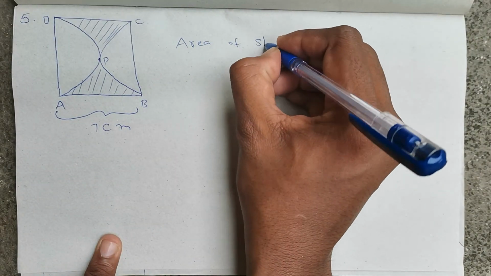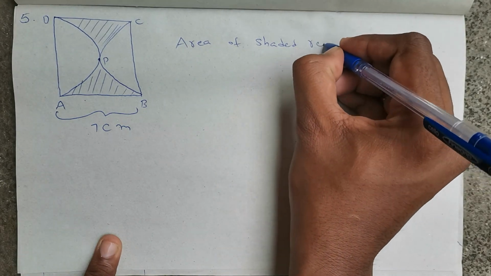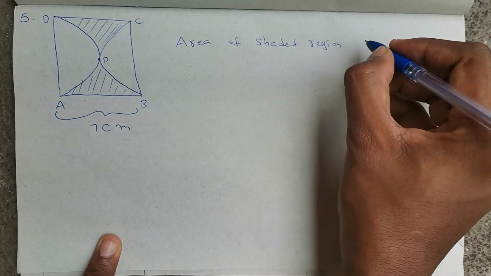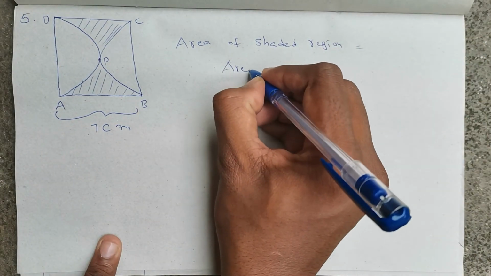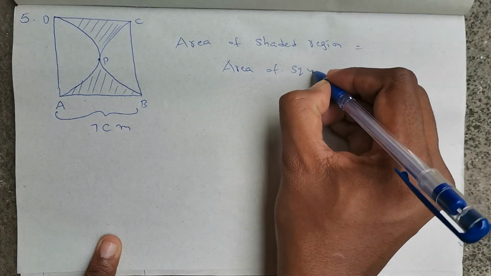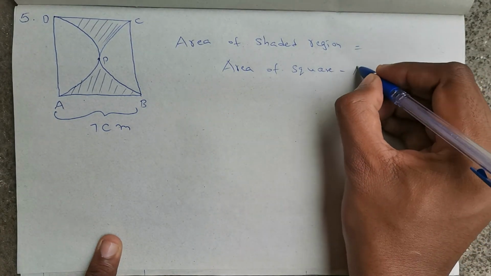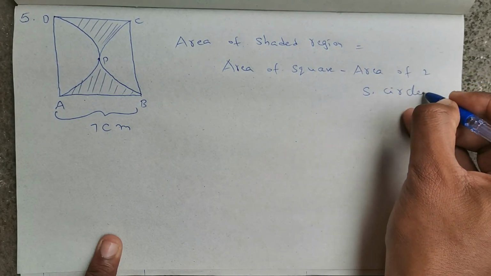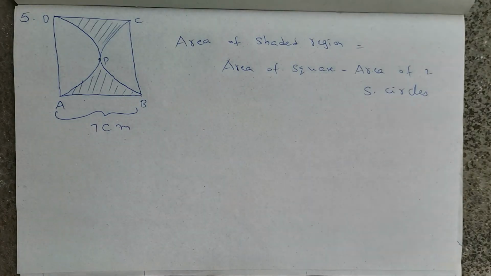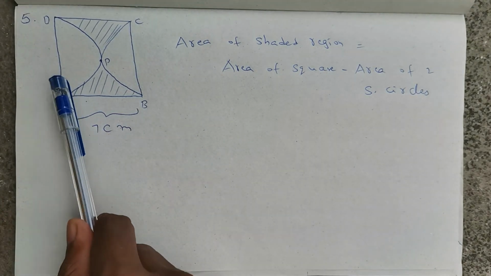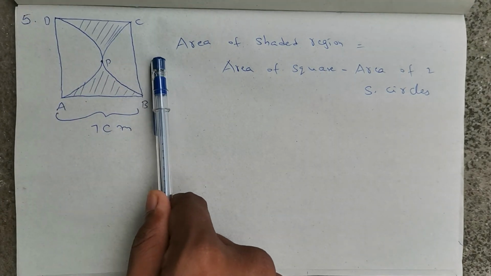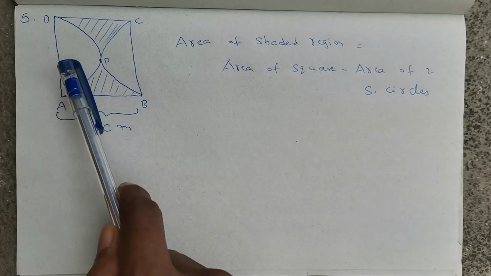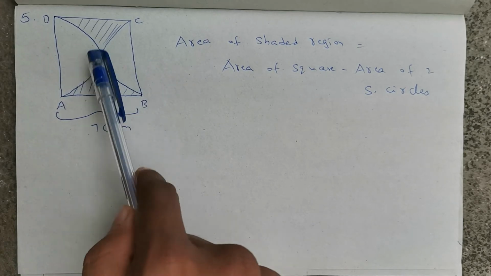Area of shaded region is equal to area of square minus area of 2 semicircles. Here 1 semicircle, 2 semicircles. So from the total square area, if I remove these 2 semicircles, we will get this shaded part.